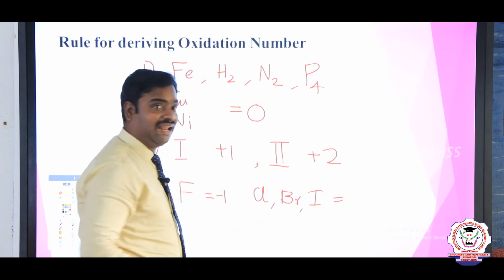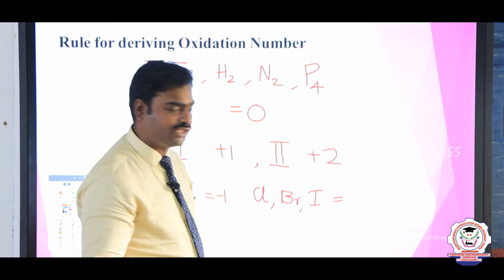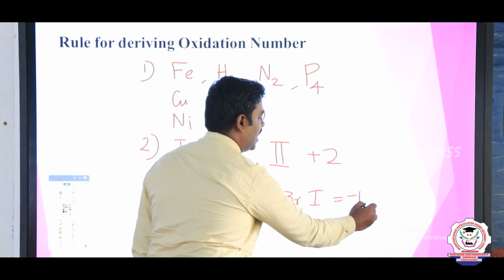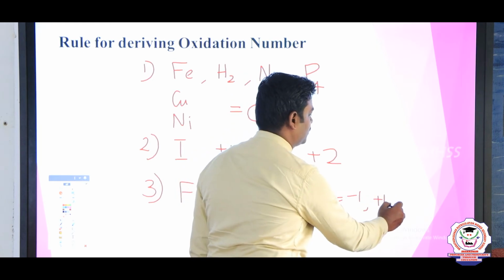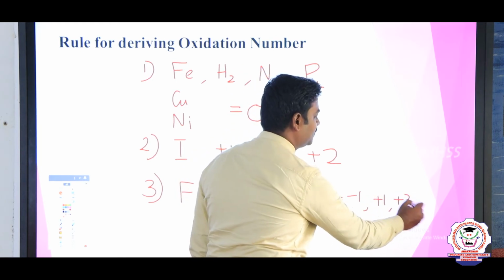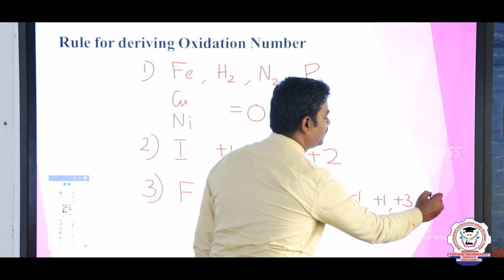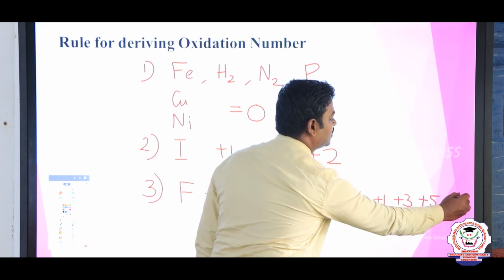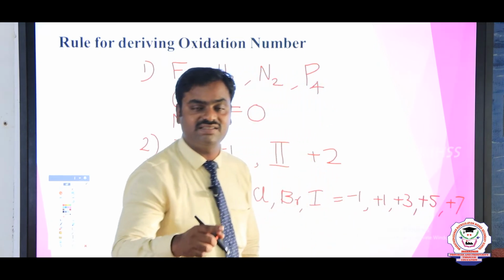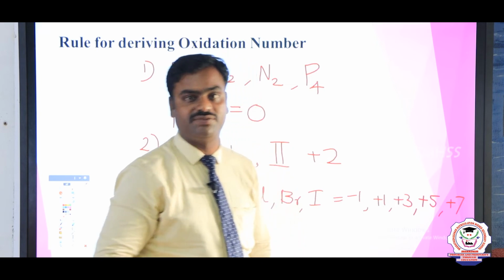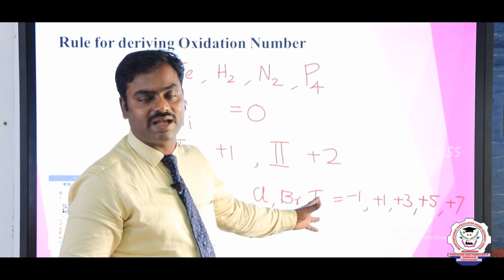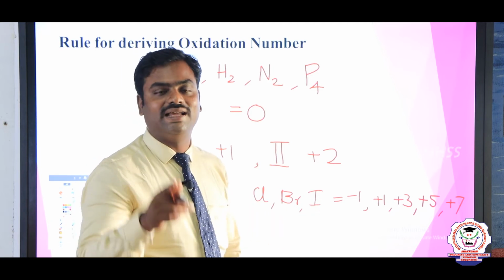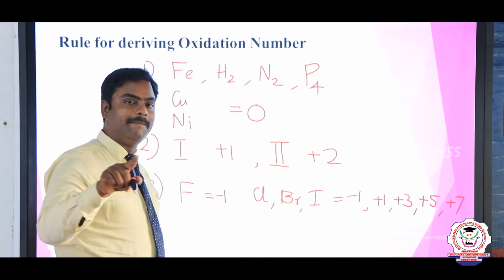These elements can also show -1 as well as +1, +3, +5 and +7. So these are the other oxidation numbers possible for chlorine, bromine, iodine, whereas fluorine doesn't show these positive oxidation states, only the negative oxidation state, that is -1.